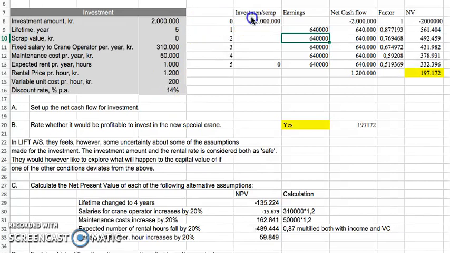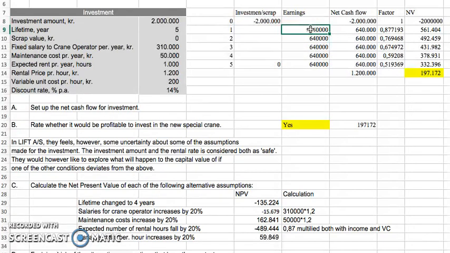So first of all, the first thing you do is that you need to include the investments. The investment is the 2 million. Afterwards, the earnings.